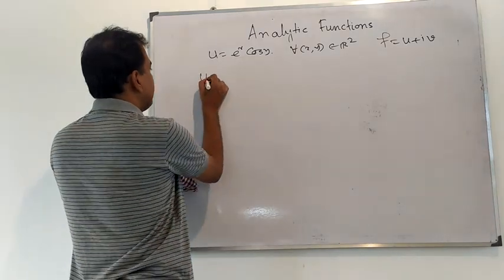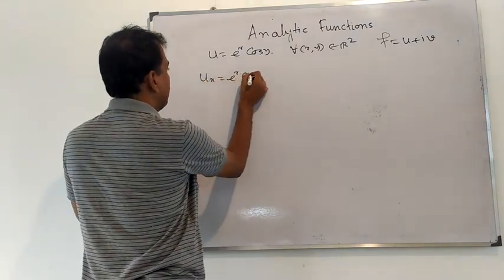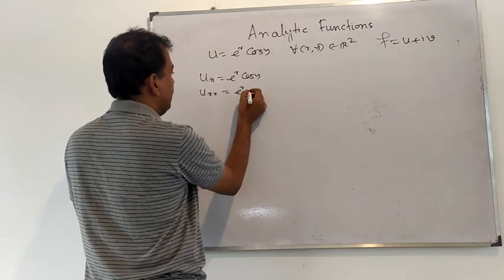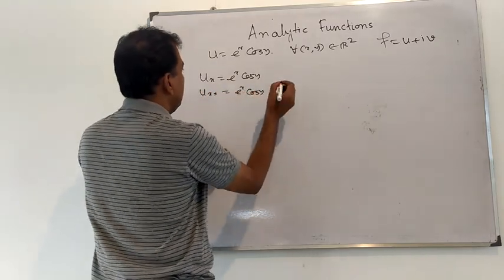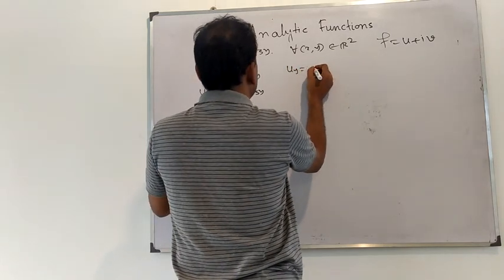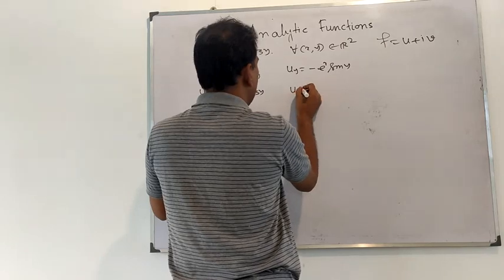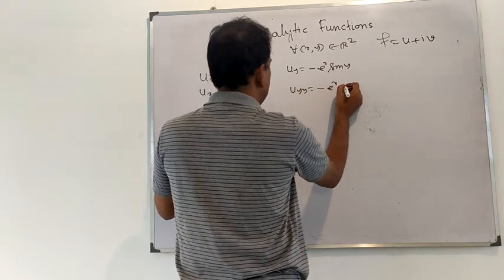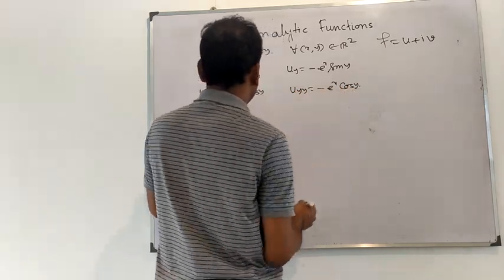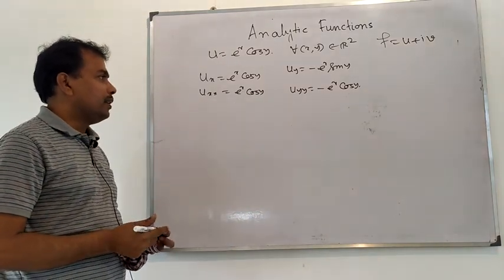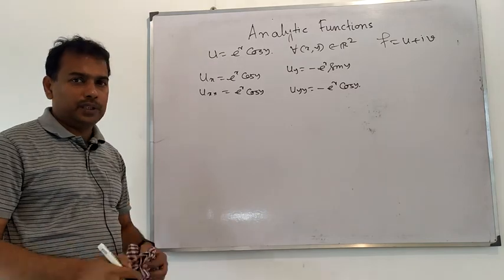Here ux is equal to e to the power x cos y and uxx equal to e to the power x cos y. Uy equal to minus e to the power x sin y. Uyy equal to minus e to the power x cos y. So uxx plus uyy equal to 0. That is, u is a harmonic function.